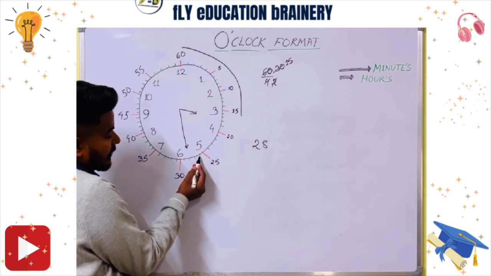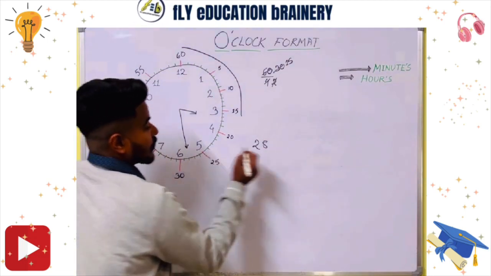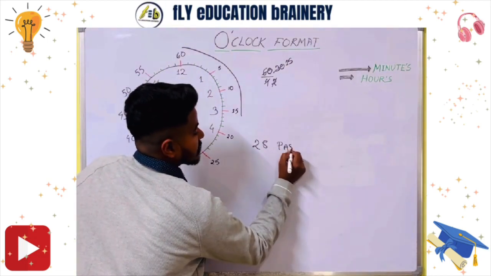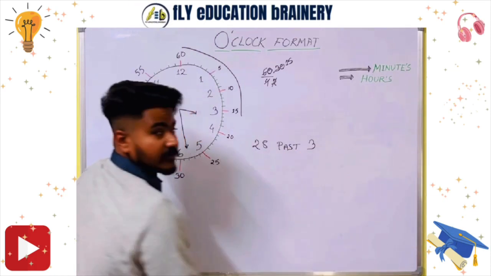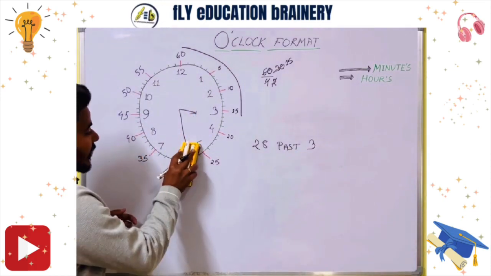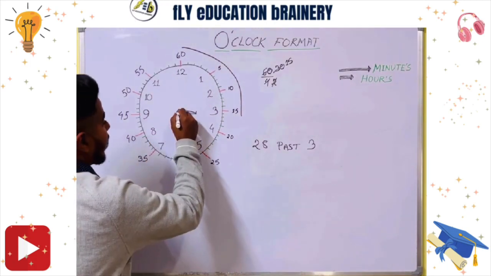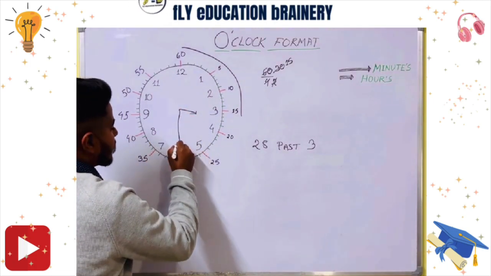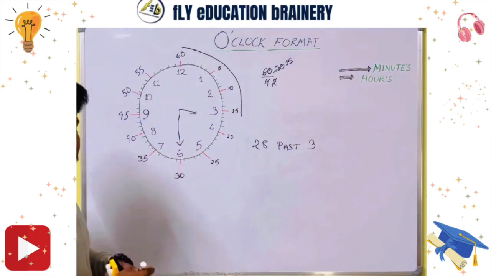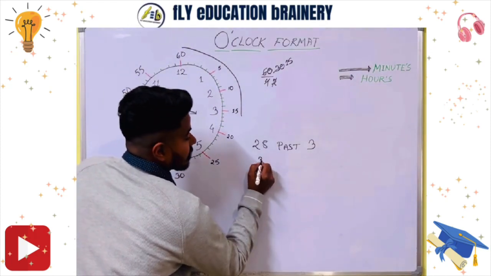Here 25, 26, 27 and 28. So 28 past 3. Now as soon as another 2 minutes are gone and it's exactly 3:30, what can we write?